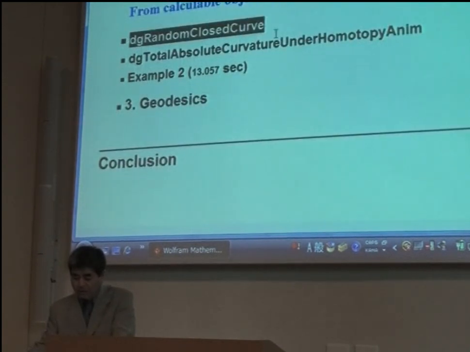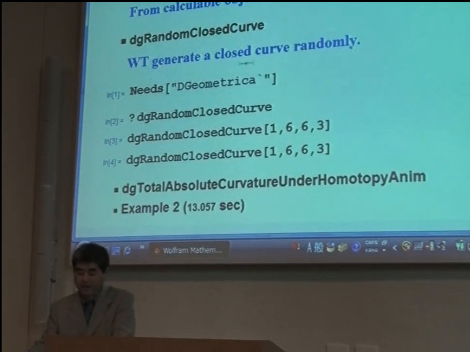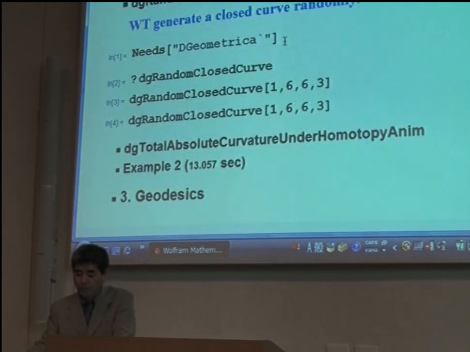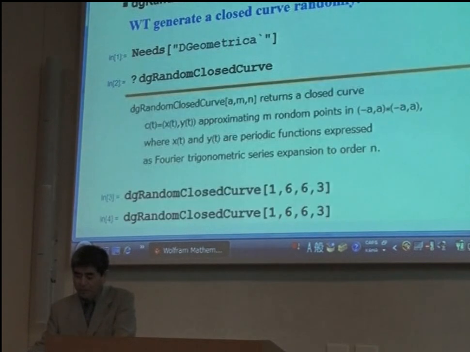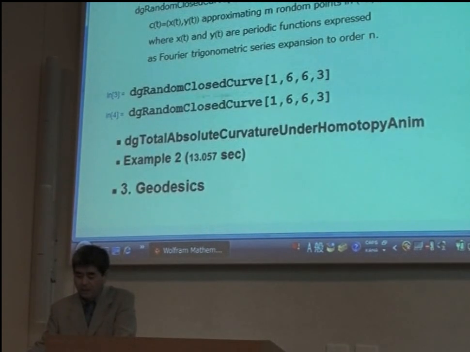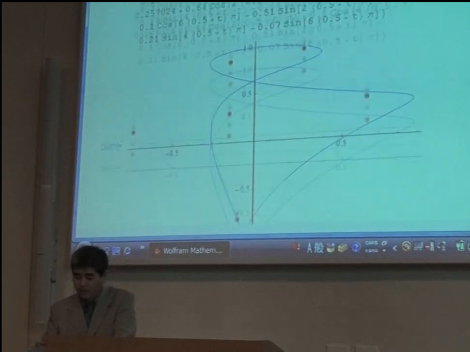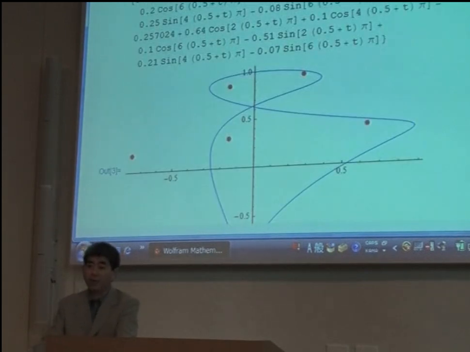This command generates a plane closed curve randomly. First, we open the package by entering this command, and then we can obtain the usage explanation like this. Entering this command in this way, we obtain this output. Actually, this is not a real-time output.